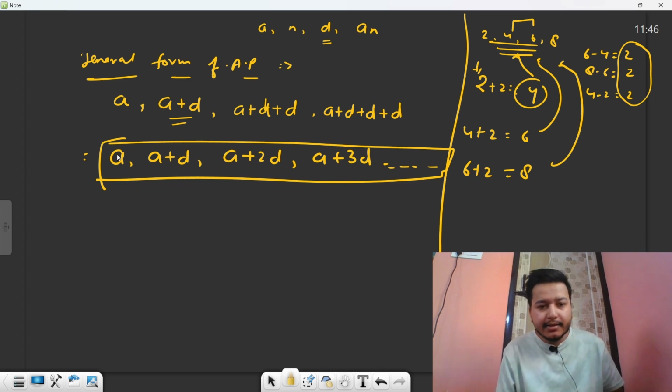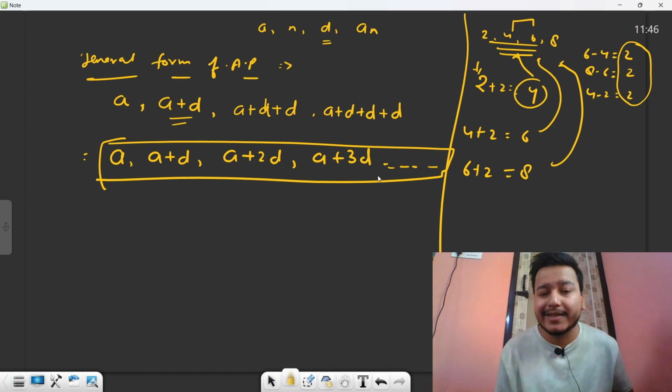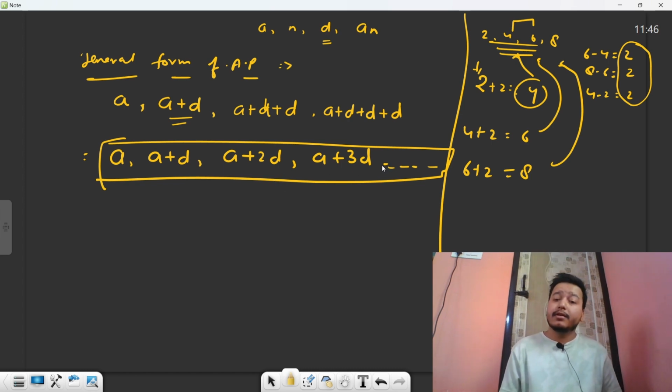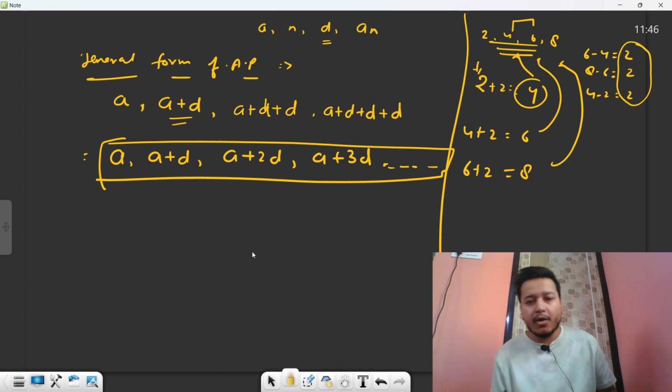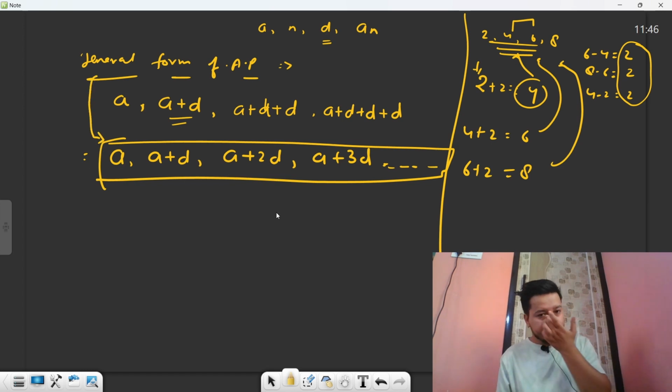We added D to the first term, we got A plus D. Then we again added D, we got A plus 2D. Then we again added D, we got A plus 3D. And we will again add the D, and we will find the next terms of an AP. So this is known as the general form of AP.